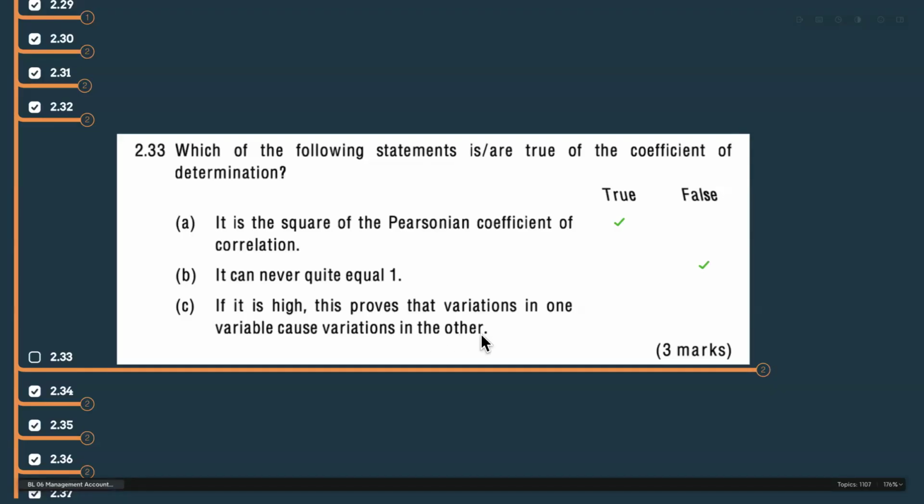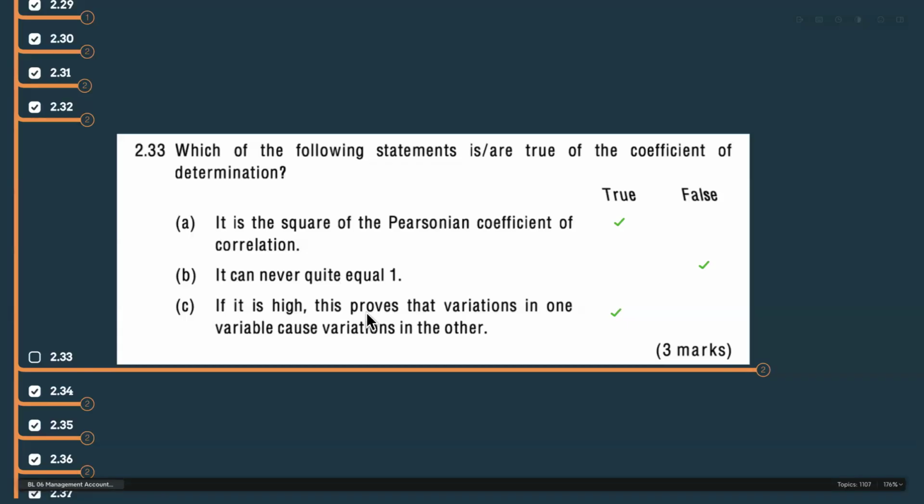As I told you already, if you get R2 as 0.81, it means 81% of the changes in the dependent variable Y come from the independent variable X. That's what we are calculating. The correlation can reach 1 or -1, so R2 can reach 1. That's why B is a false statement.